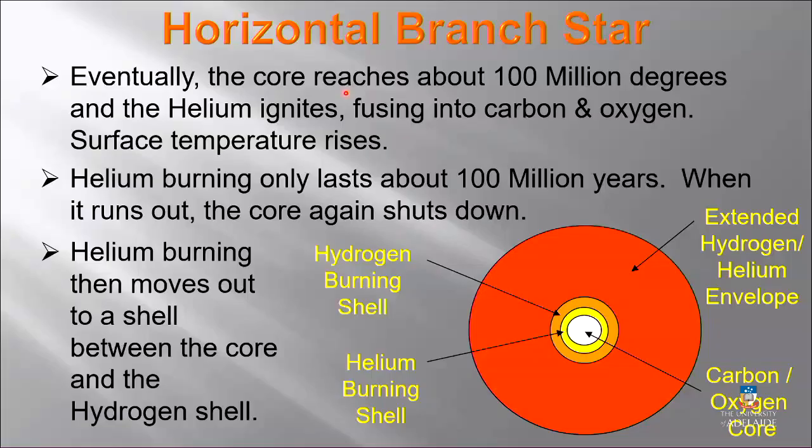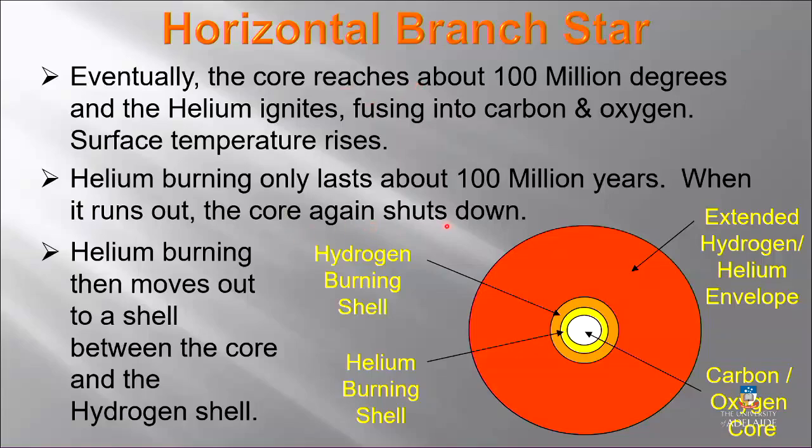Now, helium burning is not as efficient as hydrogen burning, so it only lasts for about 100 million years, as opposed to 10 billion years with the hydrogen fusion. Eventually it runs out of helium in the core, and the core again shuts down. Then helium burning moves out to a shell around the inert core.